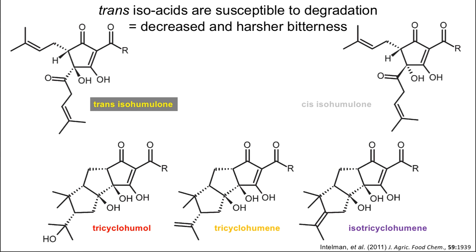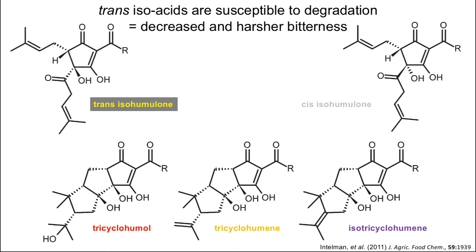It's worth pointing out here that though we often dismiss taste as being simple, with only 5 possibilities, sweet, sour, salty, umami, and bitter, in fact, humans have 25 different taste receptors just for bitterness, and so our perception of bitterness is not a singular thing, but much more subtle, perhaps accounting for the big difference in perception of the isoacids and their tricyclodegradation products.